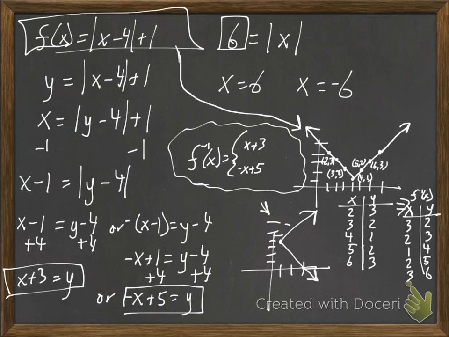So x plus 3 would be this part right here. And that part only exists if y is greater than, or let's do greater than or equal to, 4, right? Then the other part of this exists if y is less than 4.